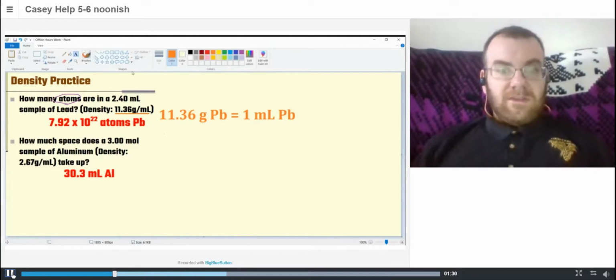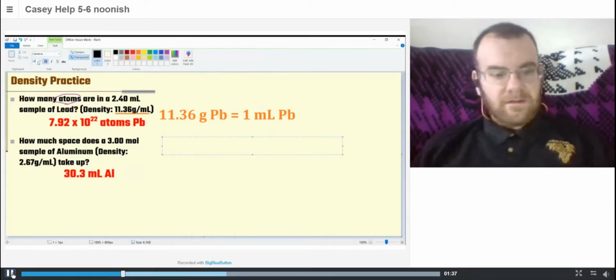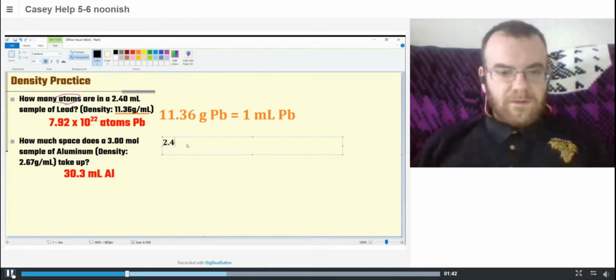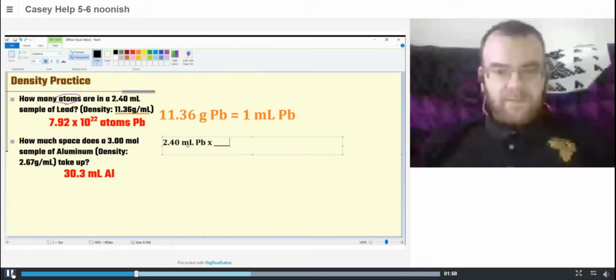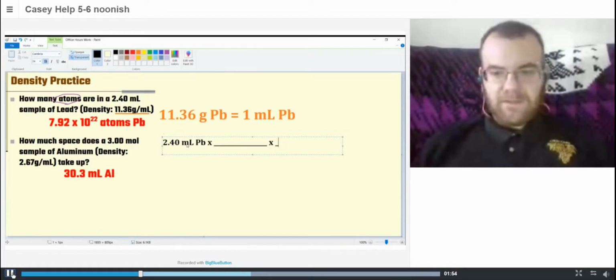That's the huge takeaway about this. So we start with the other thing, which is 2.40 milliliters of lead. Okay, so we'll do our times line like we've done before, and we're going to find that we need to do two conversions for this one.